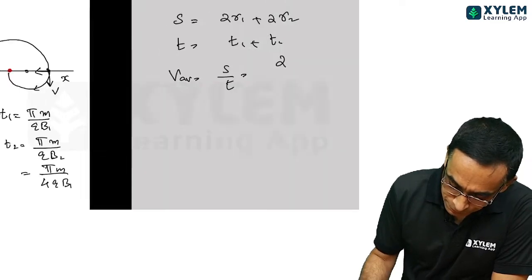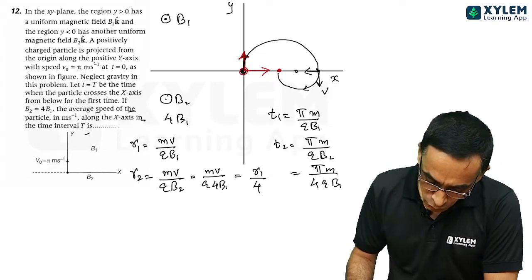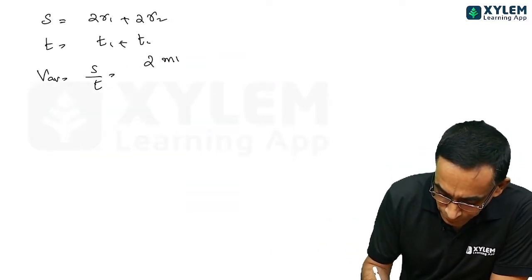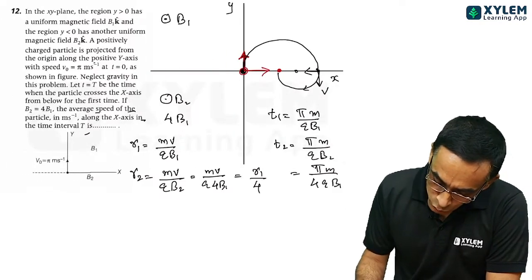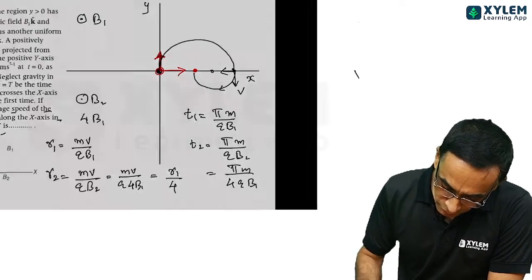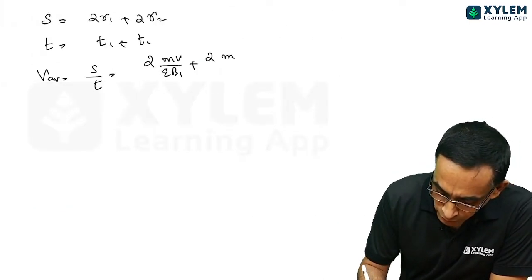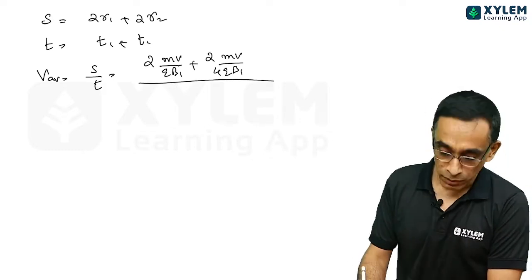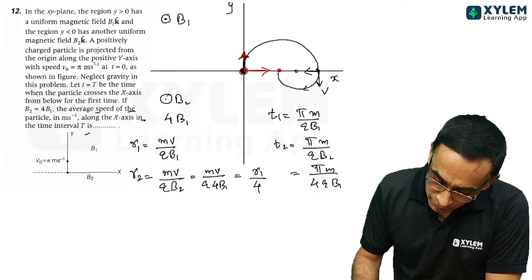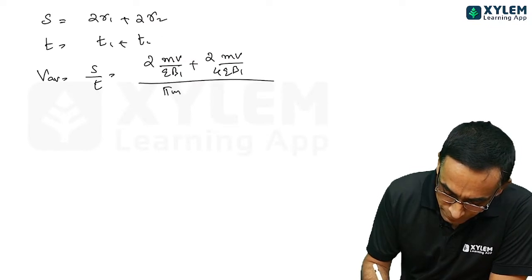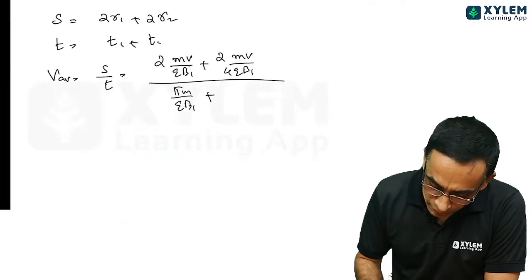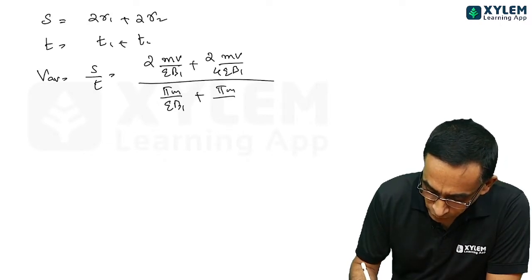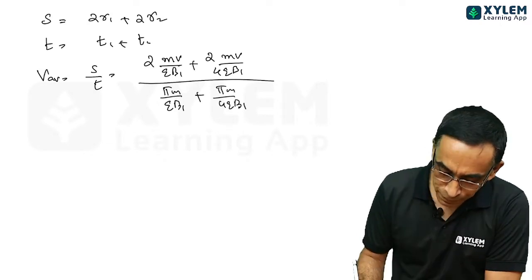So 2 into mv by qB1 plus 2 into mv by 4qB1, I wrote everything in terms of B1, divided by the time period, pi m by qB1 plus the second, pi m by 4qB1.